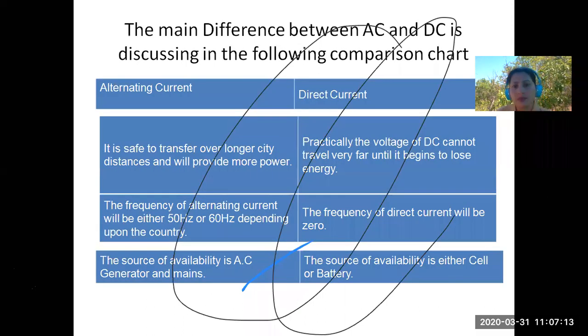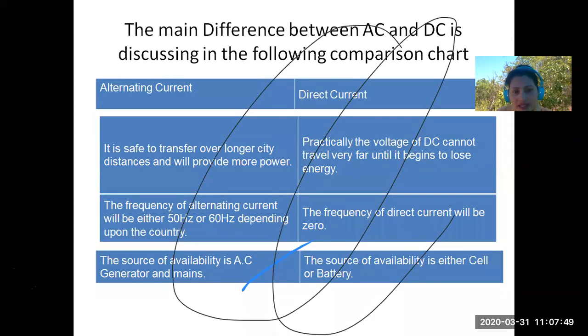Now the main differences between direct current and alternating current. Alternating current is safe to transfer over longer city distances and will provide more power. Direct current is for short distances; if it is carried over longer distances, energy will be lost.